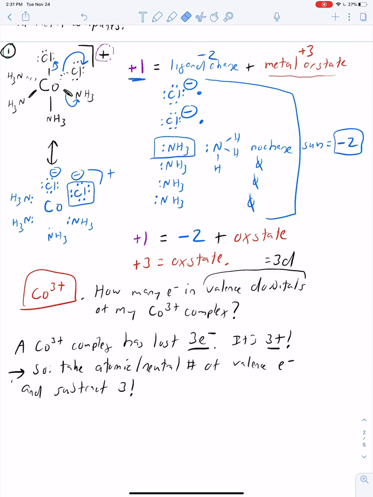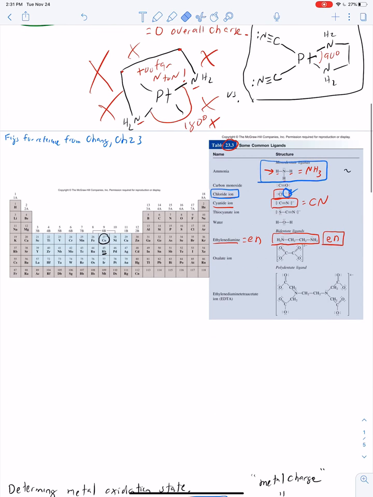So we need to figure out, if I had a plain neutral cobalt atom, how many valence electrons there would be. Here's cobalt here. We can count. I'll number them: 1, 2, 3, 4, 5, 6, 7. So if I had just neutral cobalt, there'd be 7 3d electrons, and there would also be 8, 9. There'd be 2 electrons in the 4s.